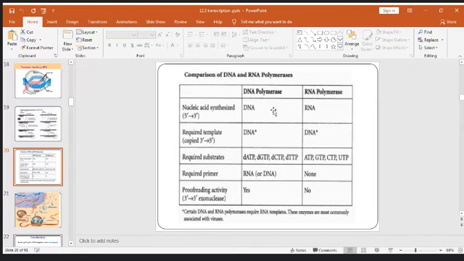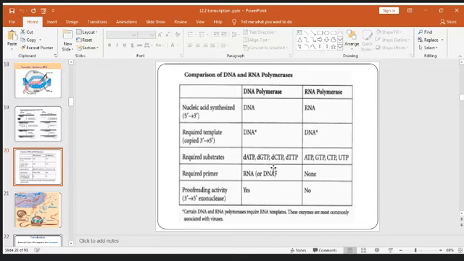However, the nucleotide synthesized is DNA in the DNA polymerase case and RNA in the RNA polymerase case, and the template is copied in the 3' to 5' direction. The template for both enzymes is DNA. The required substrates are deoxyribonucleotide triphosphates for DNA polymerase and ribonucleotide triphosphates for RNA polymerase. For example, deoxythymidine triphosphate here, and uridine triphosphate there.